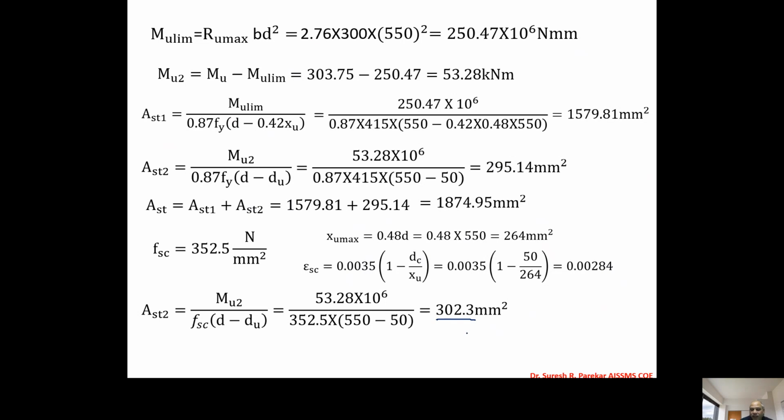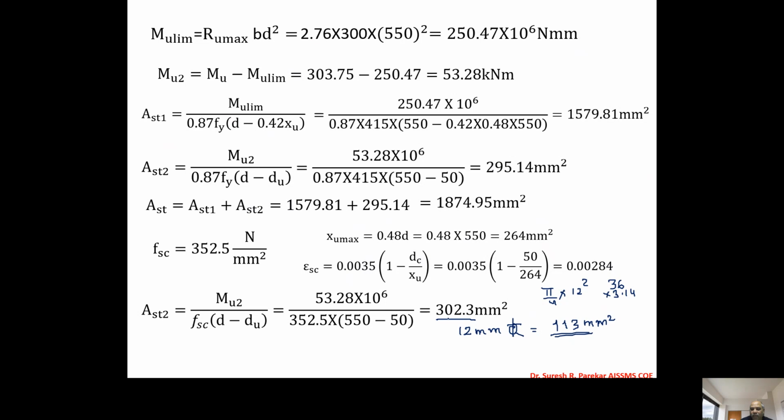For this one, we can go for bars of 12 torque, and the area for this is 113 mm square. So just check it: we have pi by 4 into 12 square, which is 36 into 3.14, and from this we get 113 mm square.